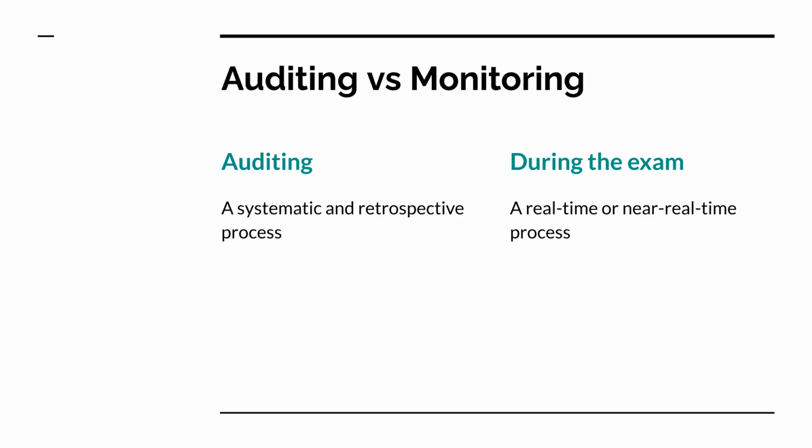Auditing typically occurs periodically, e.g. weekly, monthly, and focuses on accountability and long-term security improvements. Monitoring is a real-time or near real-time process. It involves actively observing systems, networks, and activities to detect and respond to potential threats or unusual behavior as they occur. Monitoring is proactive and is used to identify and mitigate issues before they escalate.